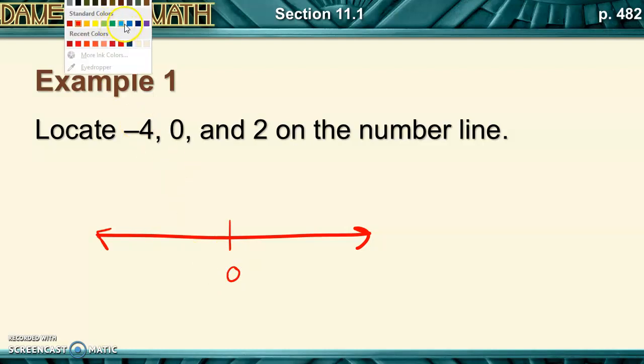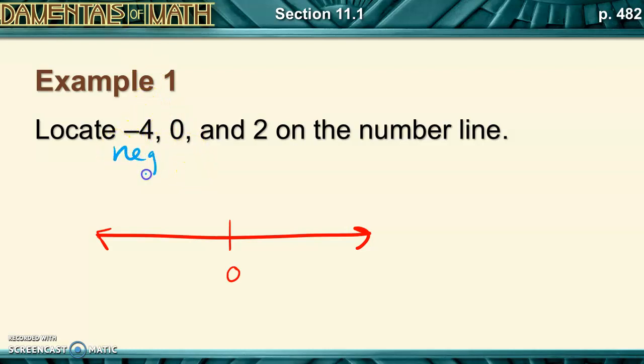Alright, so let's go ahead and start putting these numbers. -4 is a negative value, so that means it's going to be on the left of 0. So we're going to go to the left 4 times. 1, 2, 3, 4. And this is where -4 would be. And this is -4 on a number line. 0 is already marked.